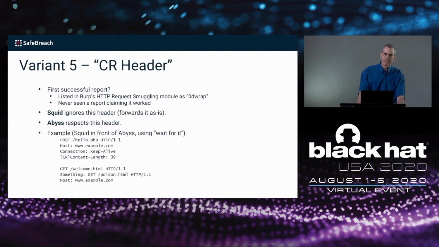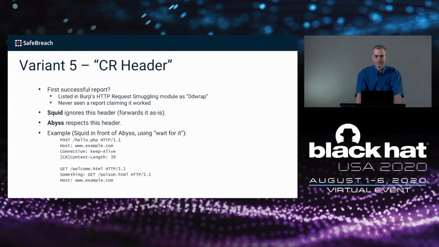And the fifth variant is actually documented somewhere in Burp's HTTP request smuggling module as a 0D wrap, but I don't think I've seen any successful use of that until today. So we discovered that Squid ignores a header prepended by a CR return.